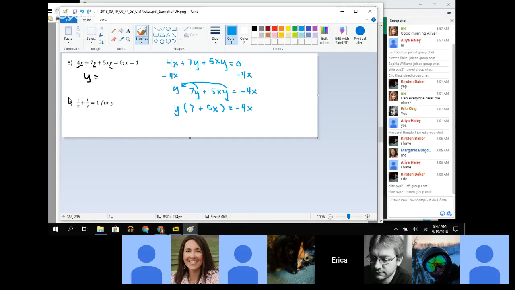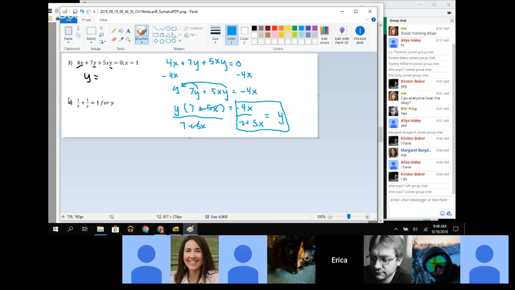All right, so my last step then is to get y all by itself, and I'm going to do that by dividing both sides by what y is being multiplied by. So y is being multiplied by 7 plus 5x. So I'm going to divide by 7 plus 5x, but if I do that to the left-hand side, I have to also do that to the right-hand side. Okay, these cross off, and then we get, again, for the sake of you guys not watching me write painfully slow, y equals negative 4x divided by 7 plus 5x.